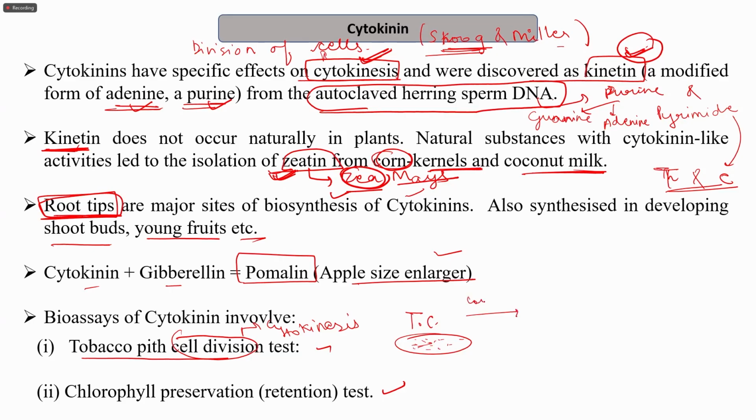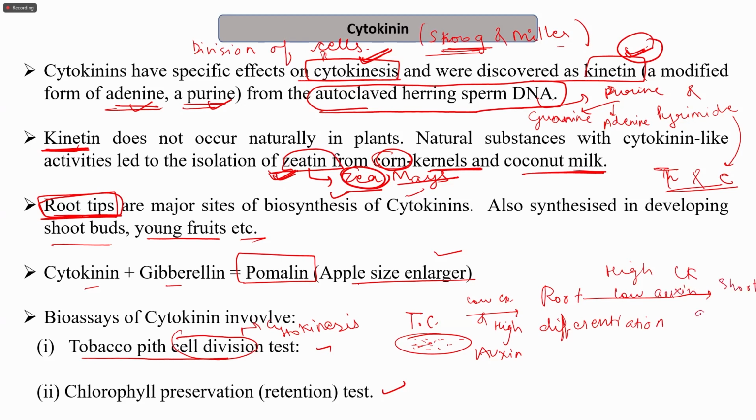if low cytokinin and high auxin is provided, then it leads to root differentiation. And if we provide high cytokinin and low auxin, it leads to shoot differentiation.